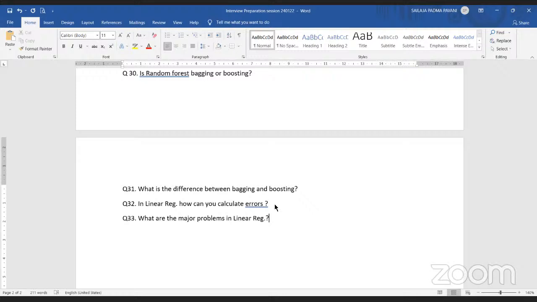The first major problem in case of linear regression is non-linearity, isn't it? Where do you get the non-linearity?